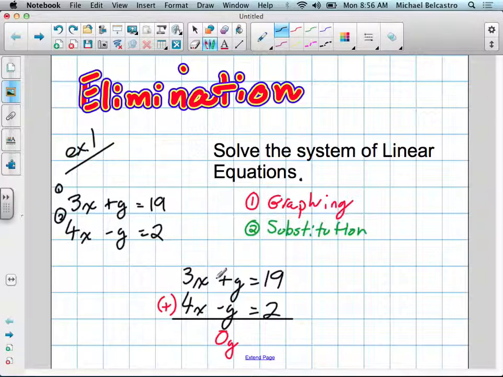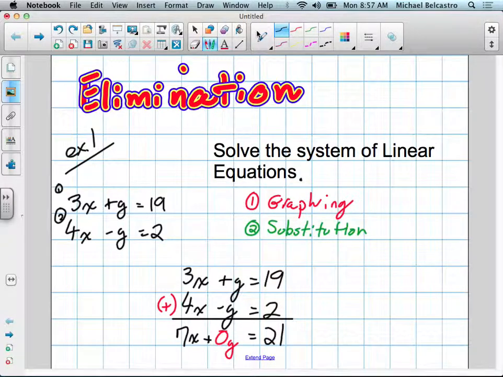So since we've already done that part of it, we also need to add the x variables. So what is 3x plus 4x? 7x. Good. And for simplicity's sake, we'll just put a plus sign. The equal signs have to come down. Remember, they separate our equation. And what is 19 plus 2? 21. Okay.